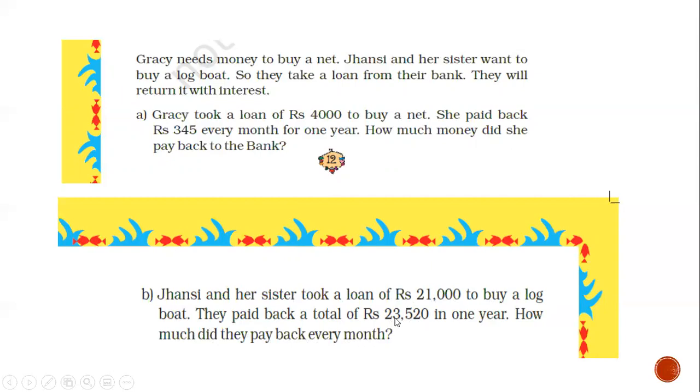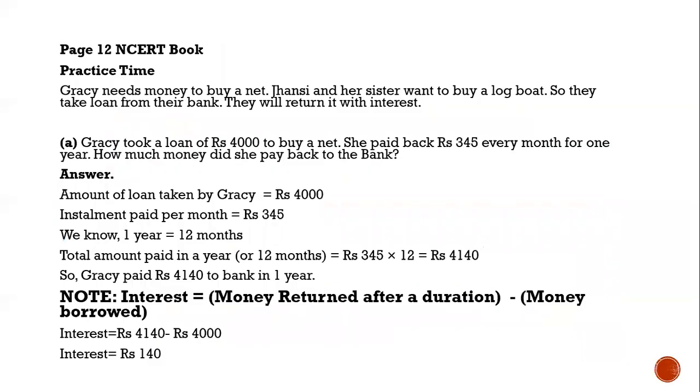This is the amount they have paid back to the bank in 1 year. So to find out for every month, we'll divide this amount by 12 because this is the amount they have given to the bank. So we'll divide this amount by 12 to know how much money they pay back every month.